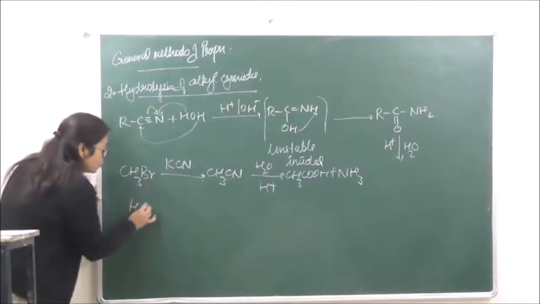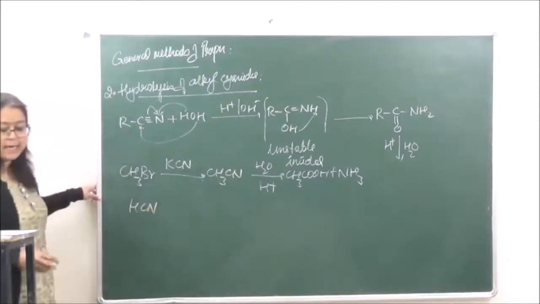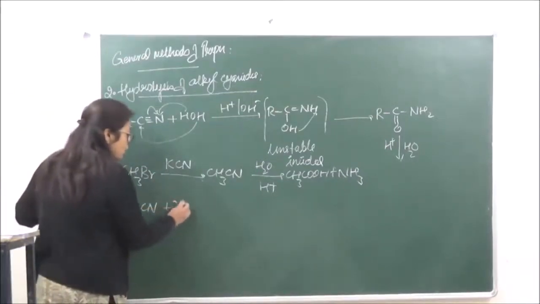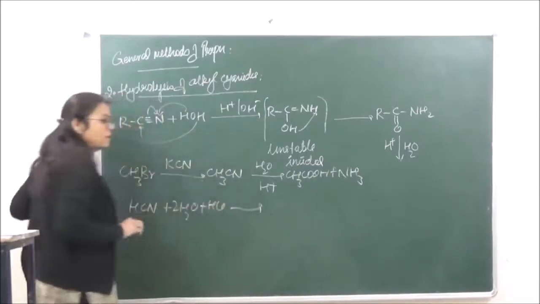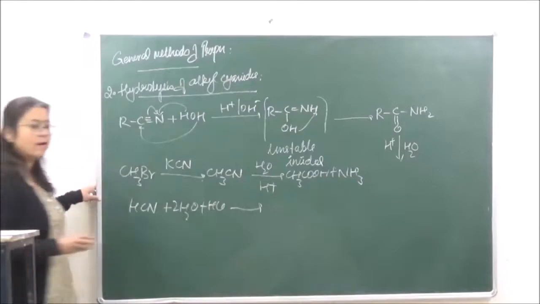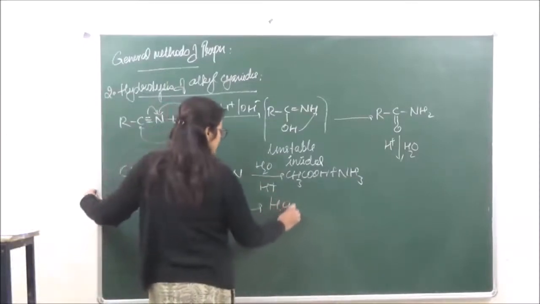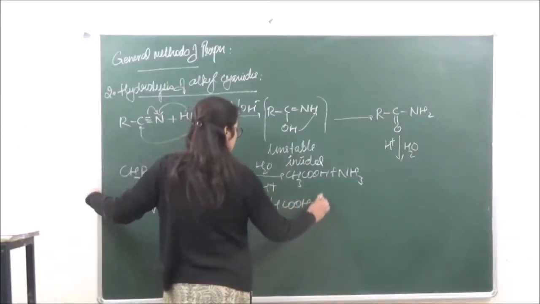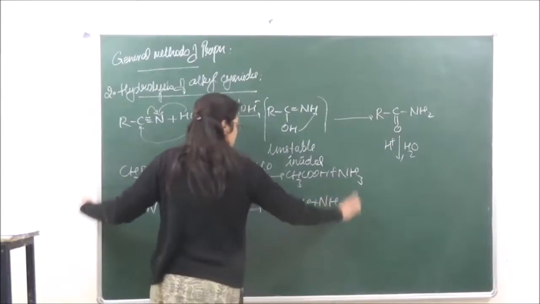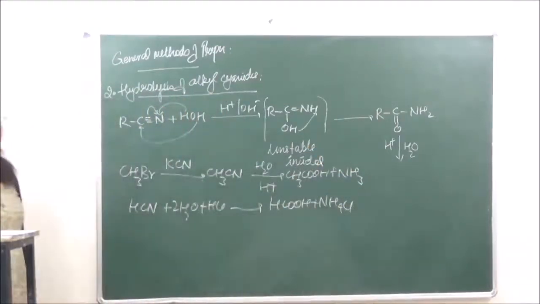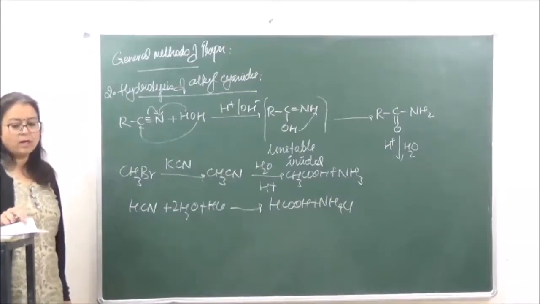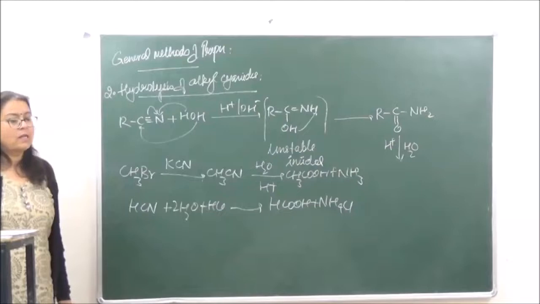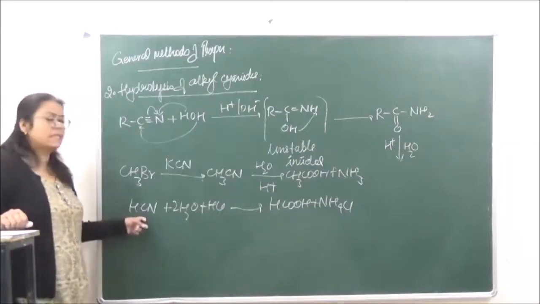So the hydrolysis of HCN in presence of an acid is going to give us formic acid, right? So for the preparation of formic acid, rather than using an alkyl nitrile, we should use HCN.